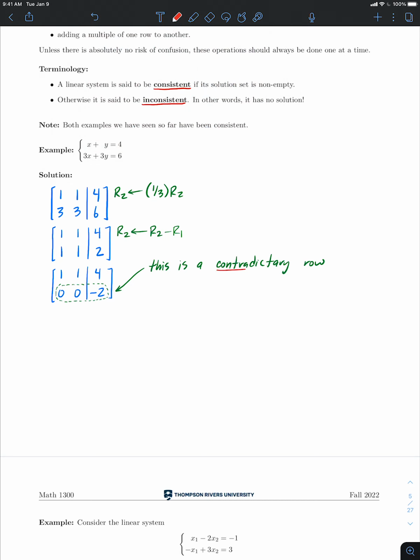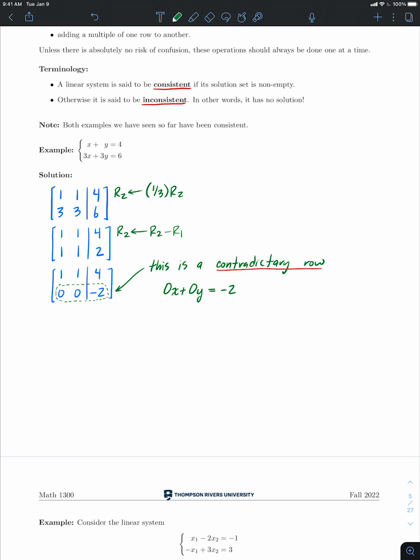And why is it called a contradictory row? Well, let's translate it into an equation. The coefficients, the zeros to the left of the vertical line, those are coefficients of the variables x and y. So really, what it represents is, I'll stick with green, 0 times x plus 0 times y is equal to, and then the constant term is negative 2.